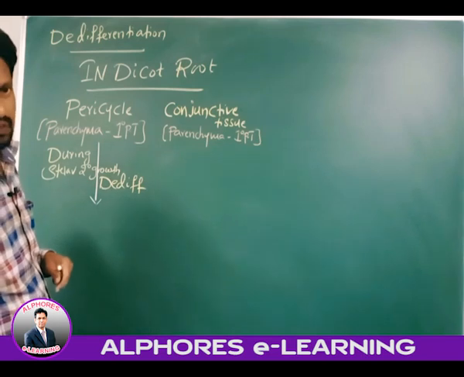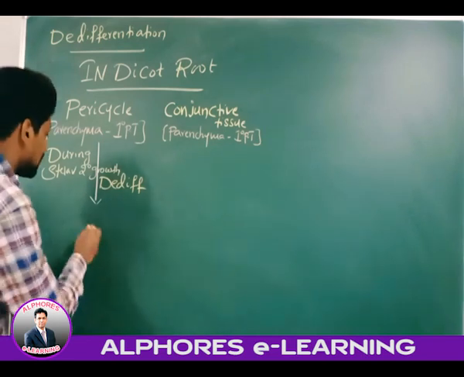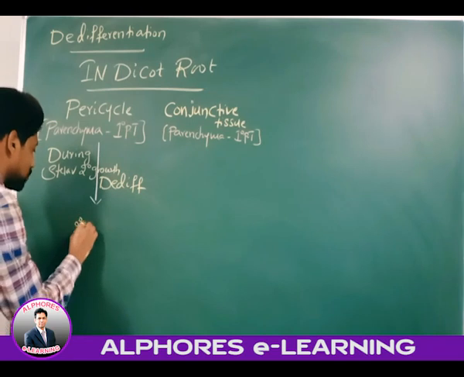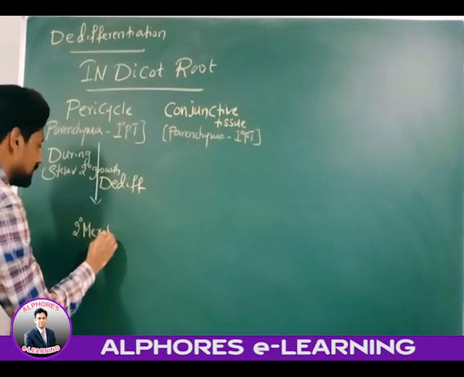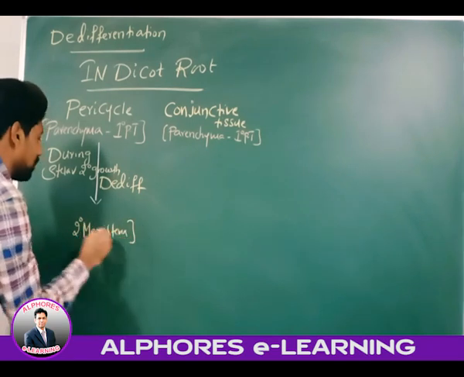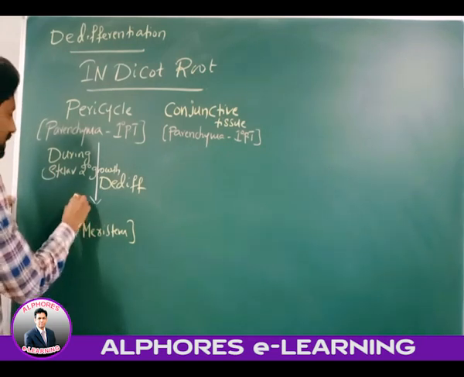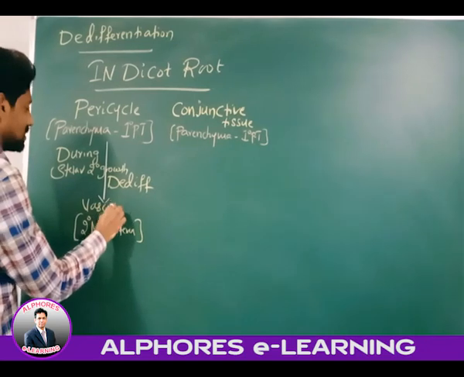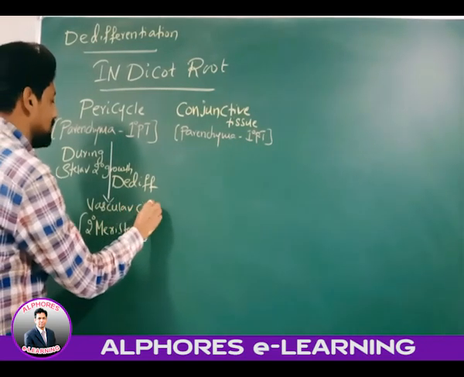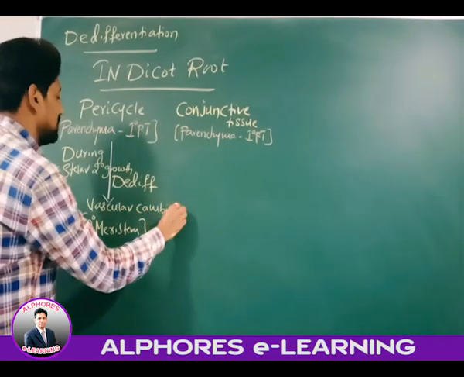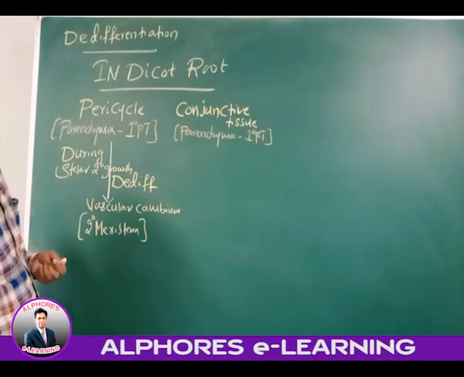De-differentiation process. Okay, right. If de-differentiation takes place, what is formed? Secondary meristem is formed. That secondary meristem is nothing but vascular cambium. Is it okay?